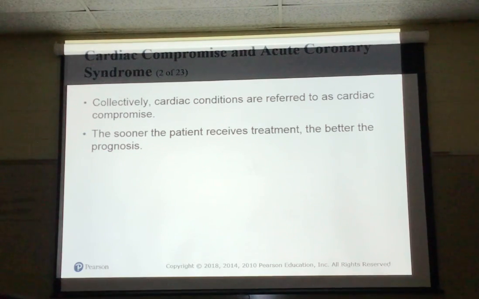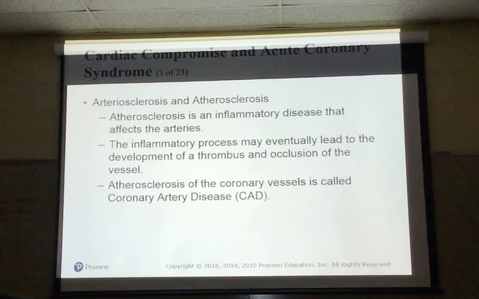It's like calling the plumber for your toilet being backed up. They can also go in and put stents in to hold those arteries open. Those stents also have antiplatelet agents that will not allow the platelets to clog up those stents. And the sooner the patient receives treatment, the better the prognosis.